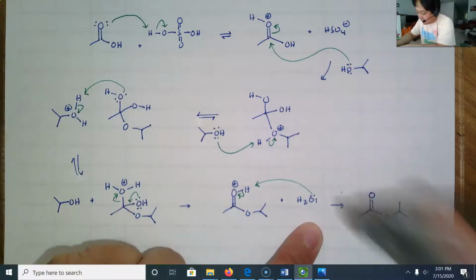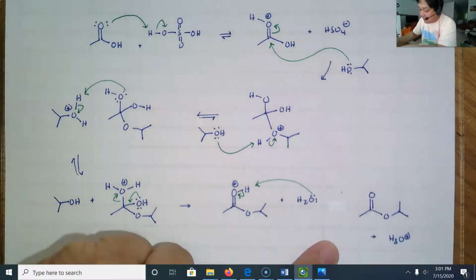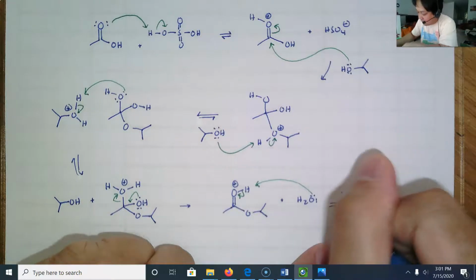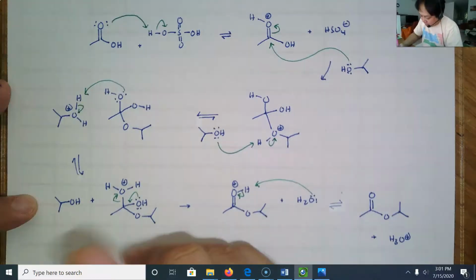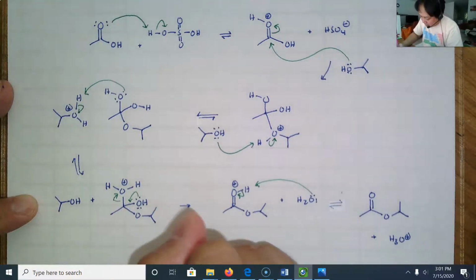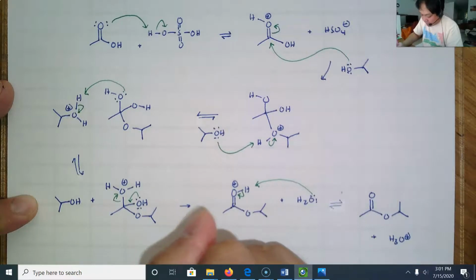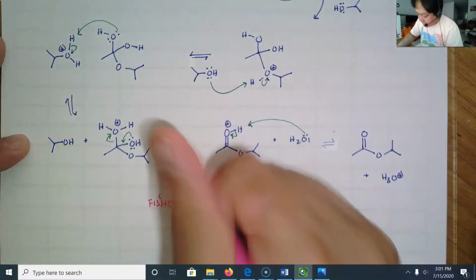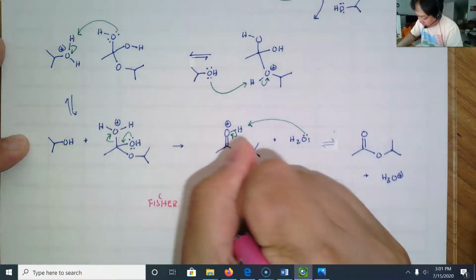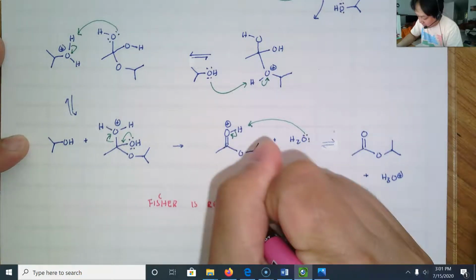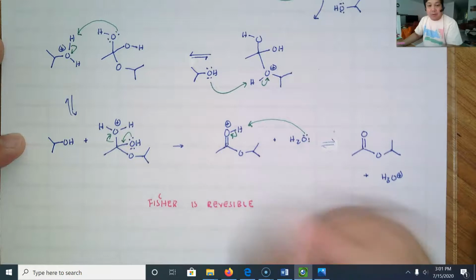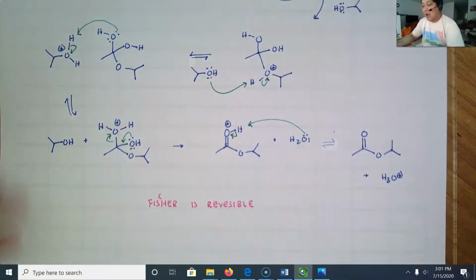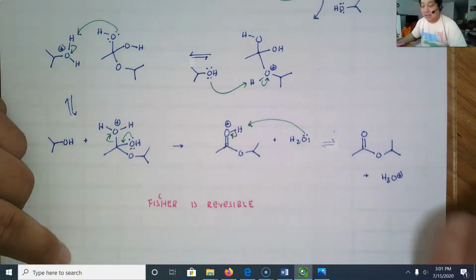And then the last is a proton transfer. Fischer esterification is reversible. We're not going to do the reverse here. We'll probably do this when we hydrolyze esters in unit 6, the next unit.